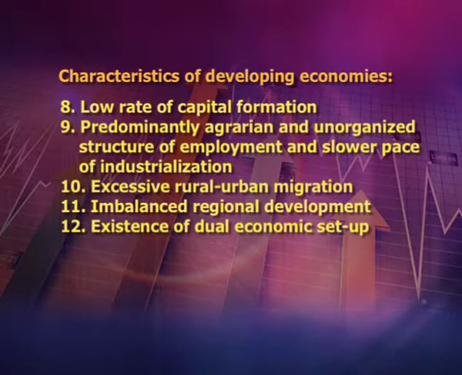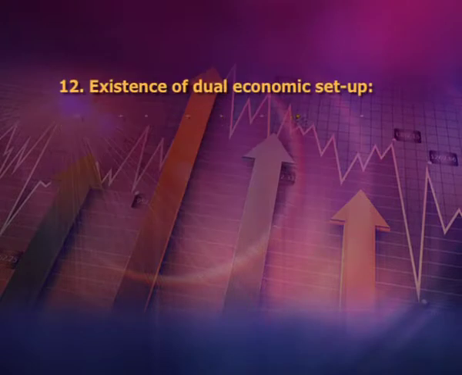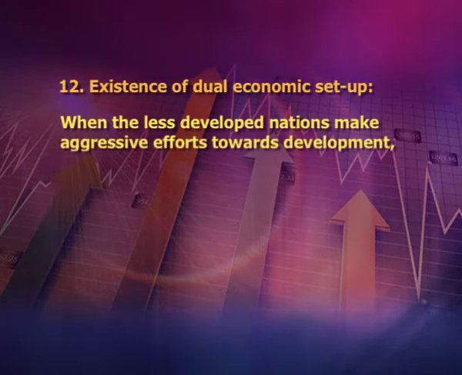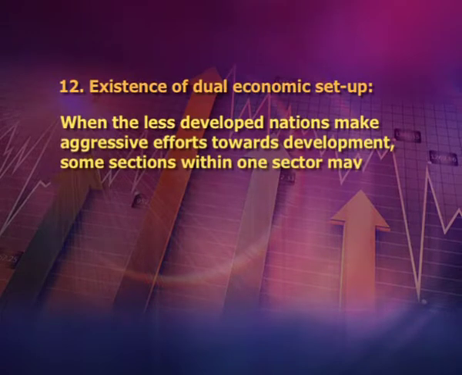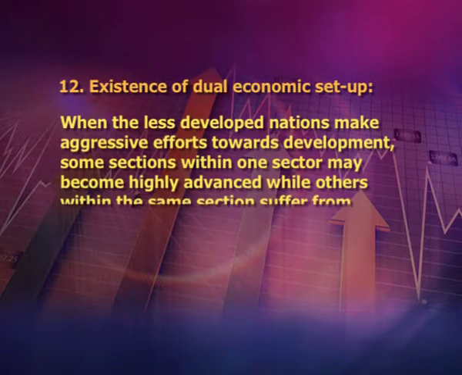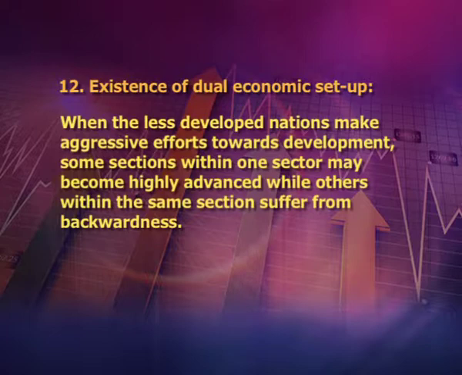One more feature is the existence of a dual economic setup. When the less developed nations make aggressive efforts towards development, some sections within one sector may become highly advanced, while others within the same sector suffer from backwardness.